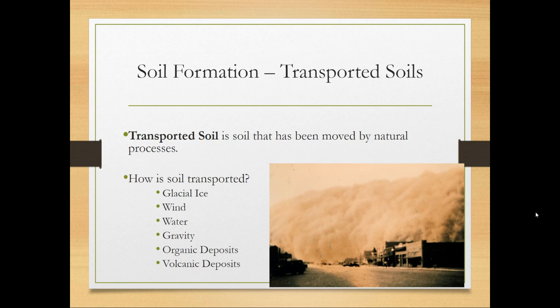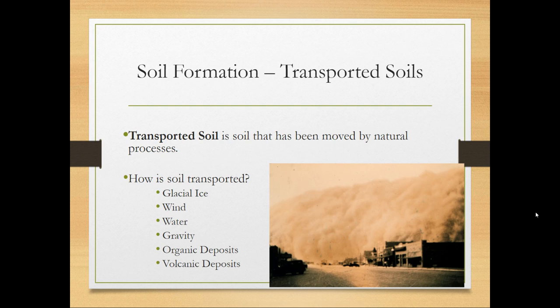So, soil formation. First vocab term we'll talk about is transported soil. So these are soils that have been moved by a natural process. Okay, and in there you have a bulleted list of some examples of a natural process. Glacial ice, as the ice melted or was formed, it moves the ground, moves the soil, changes the landscape.